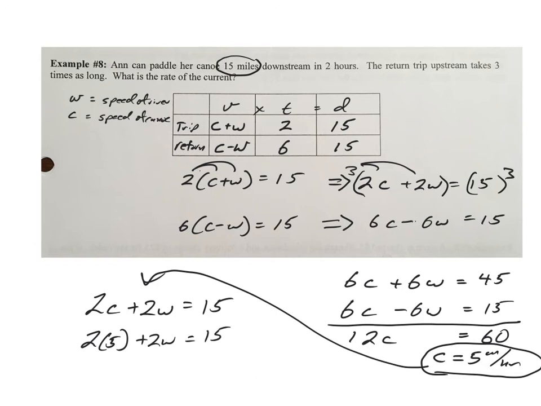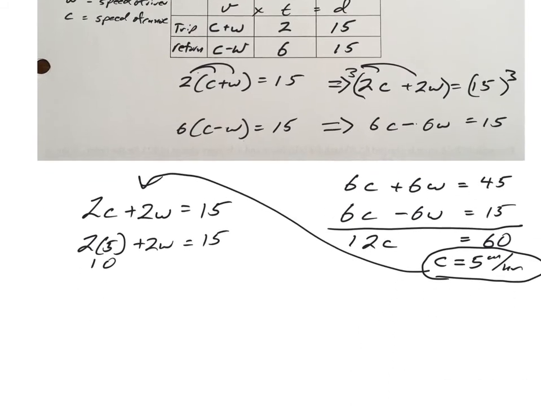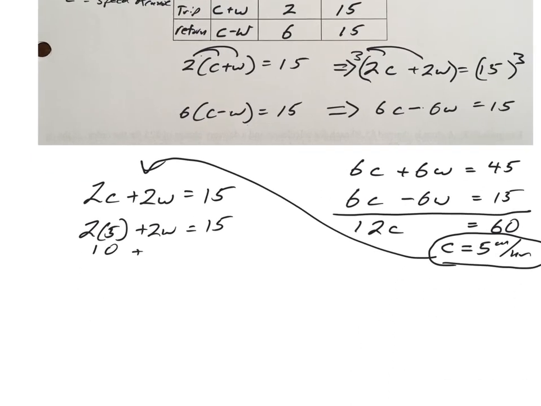This is going to be 10 plus 2w equals 15. Subtract 10 from both sides. 2w equals 5, divided by 2. The water speed is 2.5 miles per hour.